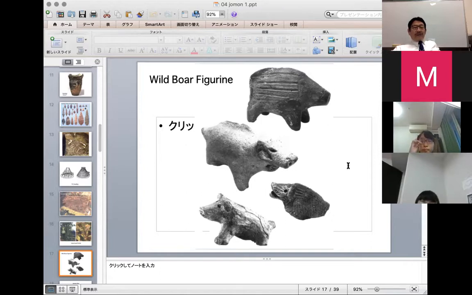And Jomon people would not leave them alone. So maybe they brought them back and took care of them for a certain time. And when they were big enough, Jomon people would release those animals back to nature, so they would become another resource. That's sheer imagination. It can't be said for sure.